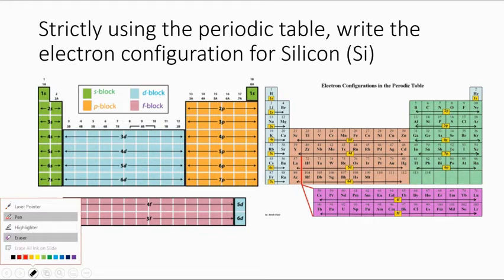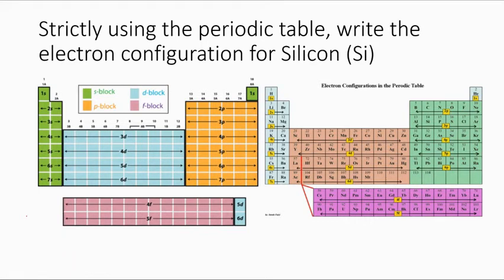So what we're going to do is look at some examples. It says strictly using the periodic table, write the electron configuration for silicon. So I'm going to find silicon here, and silicon is number 14 on the periodic table. So I'm not going to say 1s and then 1s.